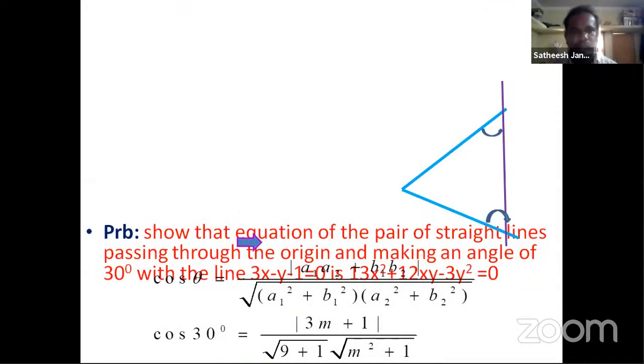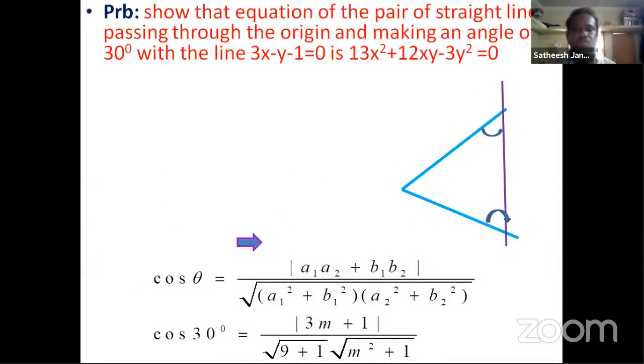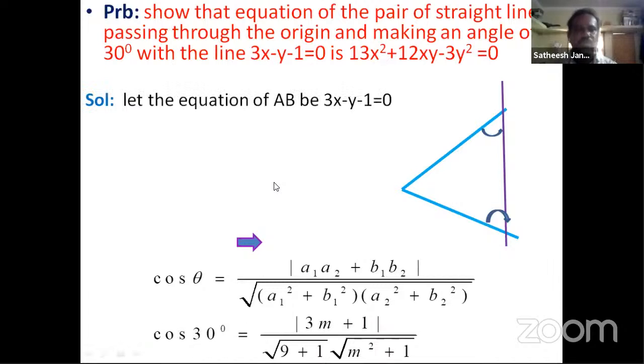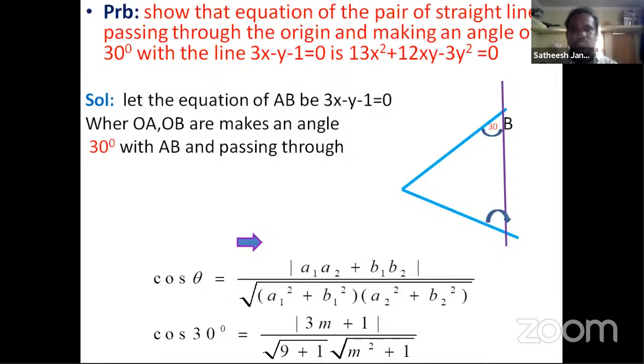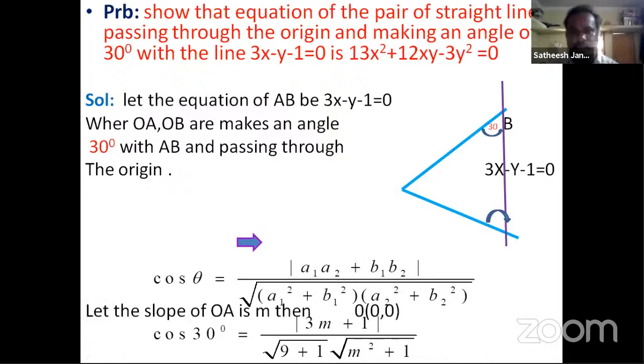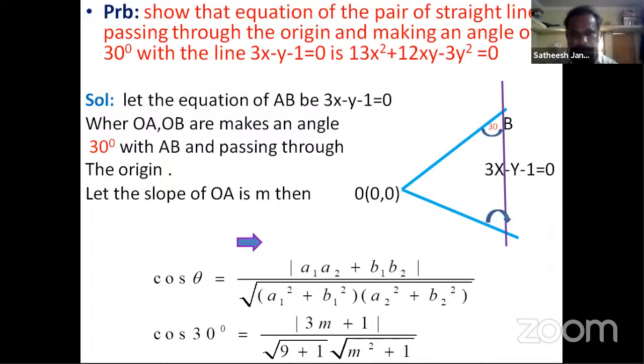Coming to the next problem, this is the most important problem. Show that the equation of the pair of straight lines passing through the origin and making an angle of 30 degrees with the line 3x minus y minus 1 equals 0 is 13x² + 12xy − 3y² = 0.